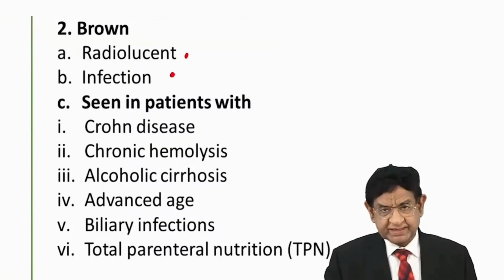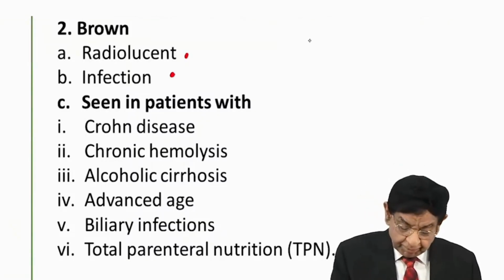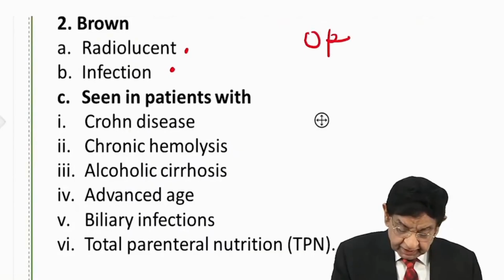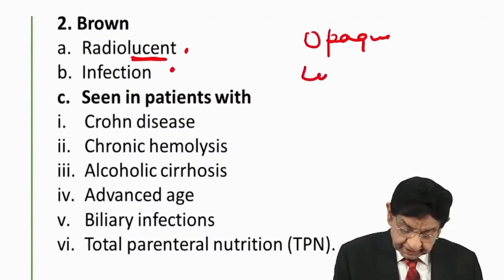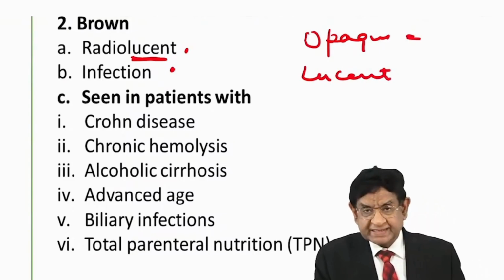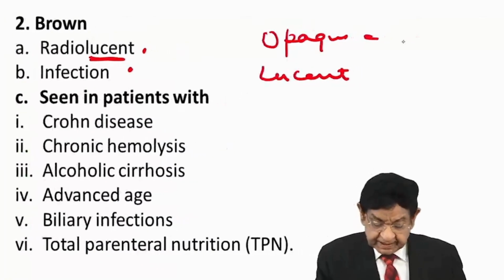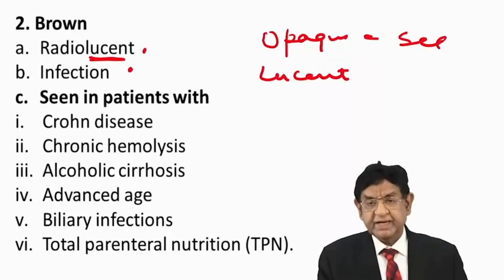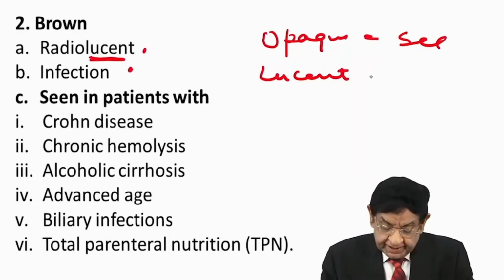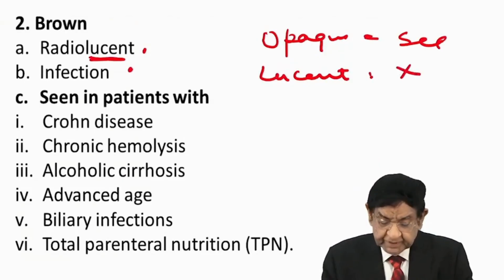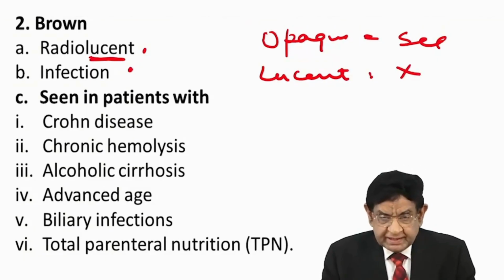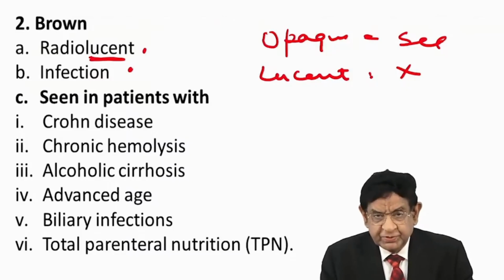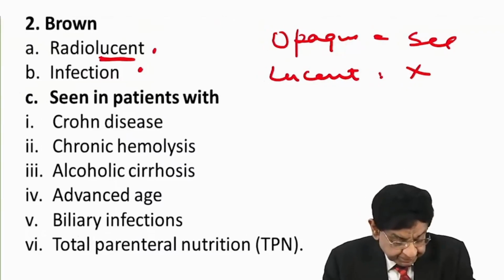Now I must clarify, I have used two terms: radiopaque and radiolucent. Opaque means if you do an X-ray of the abdomen, you can see the stone. Radiolucent means you cannot see it; they are transparent. You can say it that way also. The two terms should be very clear to you: radiolucent and radiopaque.